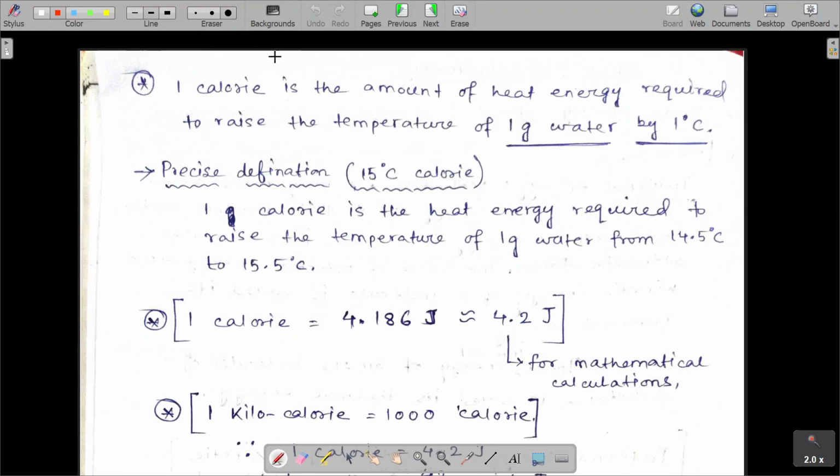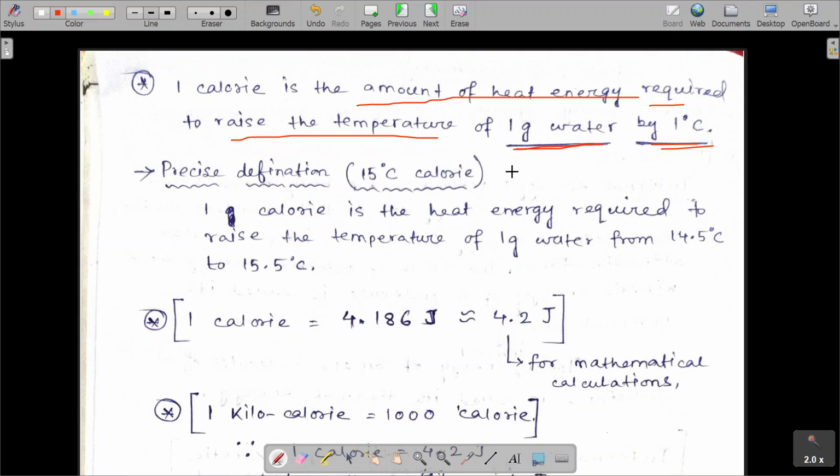So, what is 1 calorie? 1 calorie is the amount of heat energy required to raise the temperature of 1 gram of water by 1 degree Celsius.